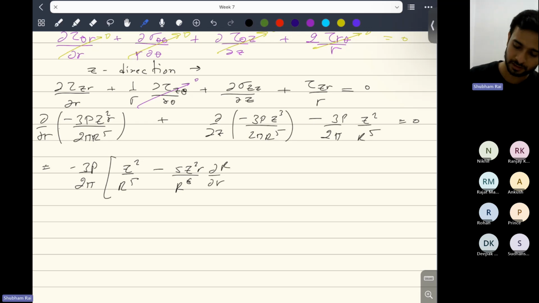And from here also, since I've taken minus 3p over 2 pi as common and I'm differentiating with respect to z, you will get, minus 3p over 2 pi has been common, so it will be plus of 3 z square over R to the power 5.